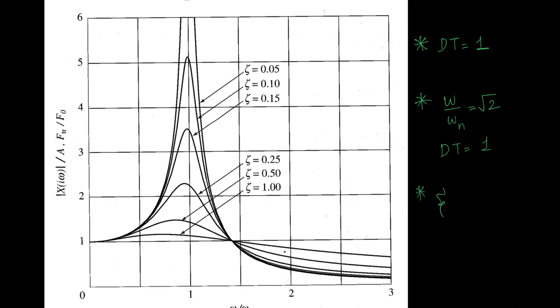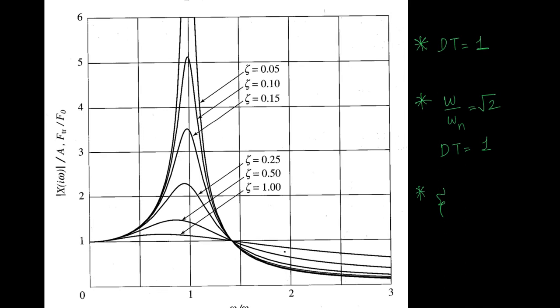So this should be remembered, because this is simply counterintuitive, because you tend to think that when I'm introducing damping into the system, I expect my displacement transmissibility to go down, but that is not the case all the time. So just keep this in mind.